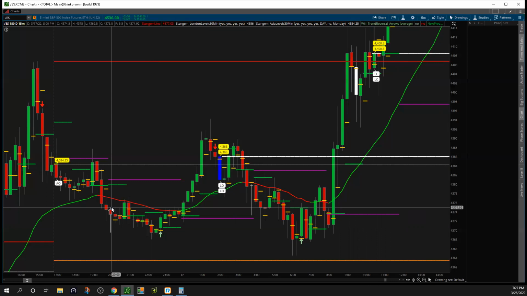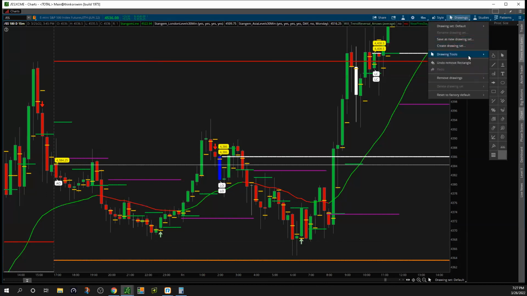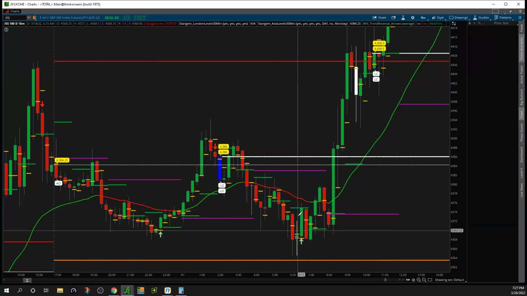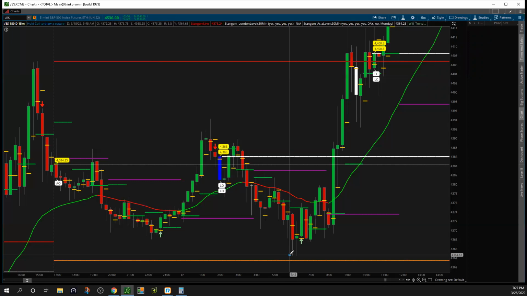All right, we're going to draw the range. Lori says we're going to draw the range from 6 a.m. to London Open. So we're going to grab a rectangle. We got 6 a.m. at the low. Clue number 1 already.